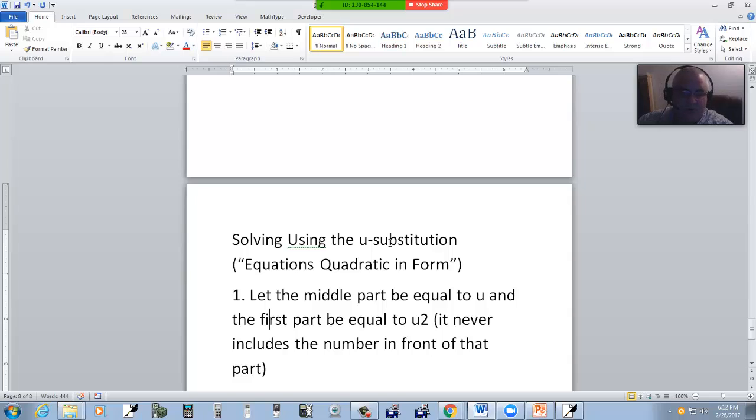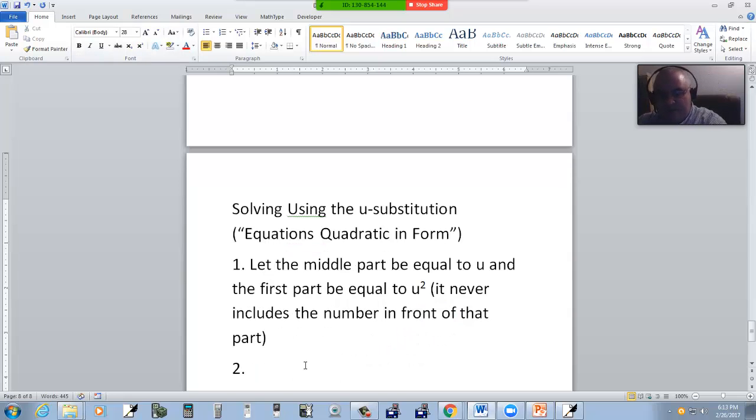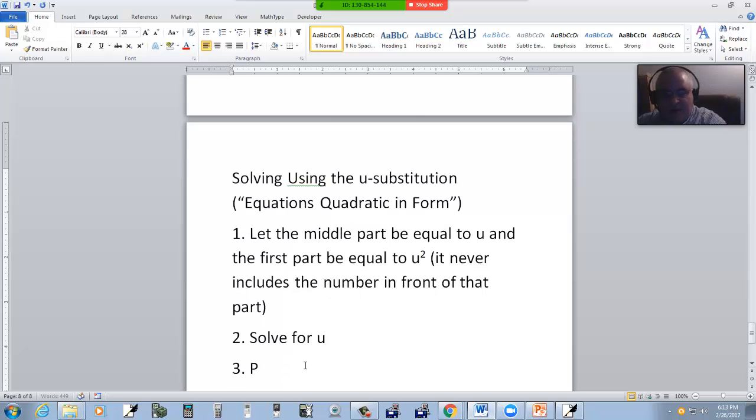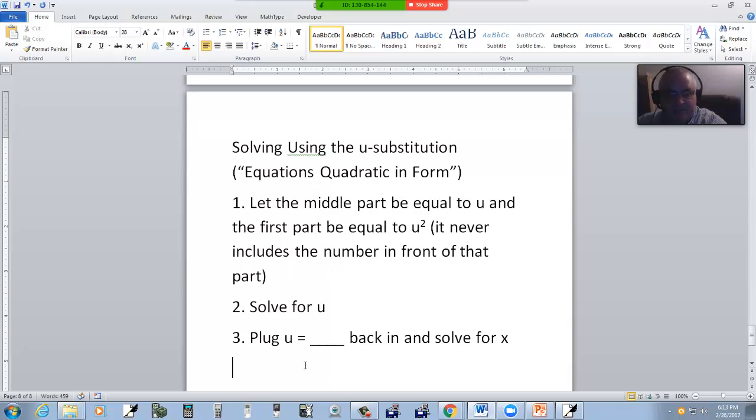You can think of that as a coefficient. Although these won't always be terms. Step 2, solve for u. Step 3, plug u equals blank back in and solve for x. Pretty vague process, probably the most vague process in algebra. Has to be for a reason.